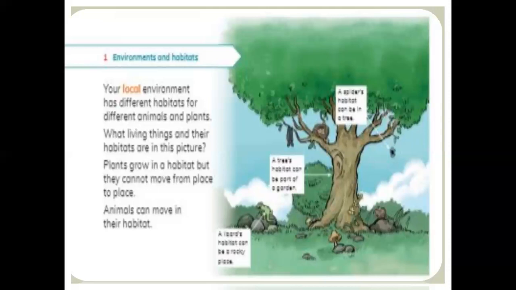Birds make their nests in the trees. Likewise lizards, spiders, and squirrels can have a tree as their habitat because they find food nearby and their requirements are fulfilled. Whatever they need, they can get, so they make their homes in the tree.